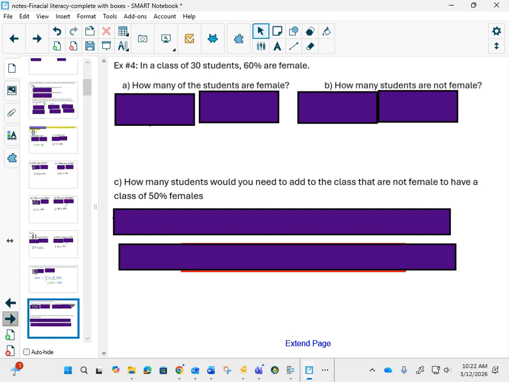A class of 30 students, 60% are female. See if you can figure out how many students are female and how many students are not female. We got this. Part C, how many students would you need to add to the class that are not female so that you have 50-50? I'll put up the answer in a second, and if you want, you can work ahead on 5, 6, 7.